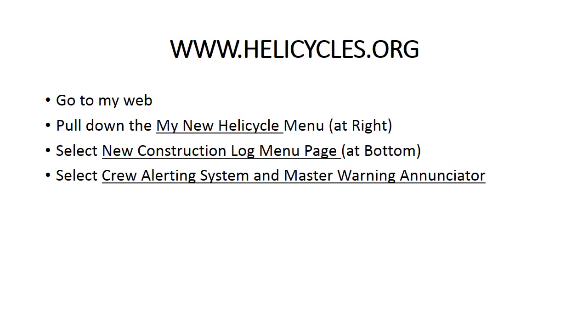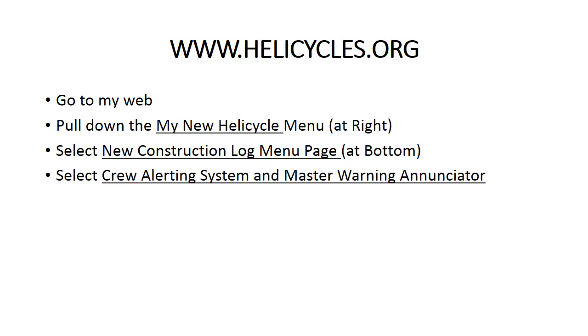To get to the PDF version of this, which has some more detail, actually quite a bit more, on how I would wire this up if I were using all the UMA custom indicators that I'll be using, you can go to my website, www.helicycles.org. Up at the top there, pull down the menu tab on the right, which says My New Helicycle.